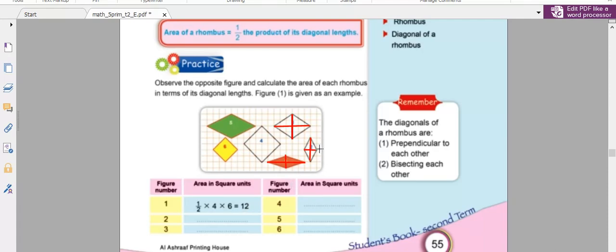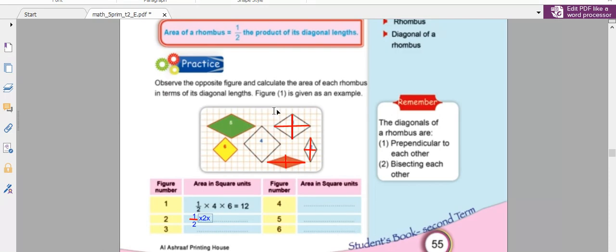Let's do figure number 2. Let's apply the rule: half times the diagonals' lengths. Let's count the units: 1, 2. So the first diagonal is equal to 2 units, times the other diagonal.